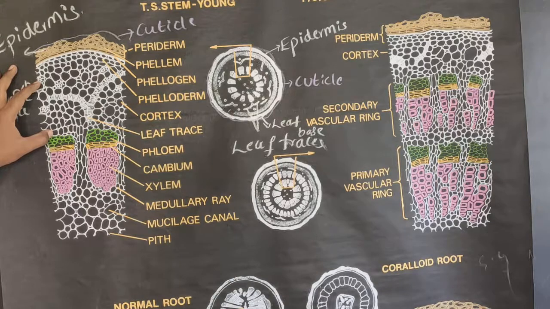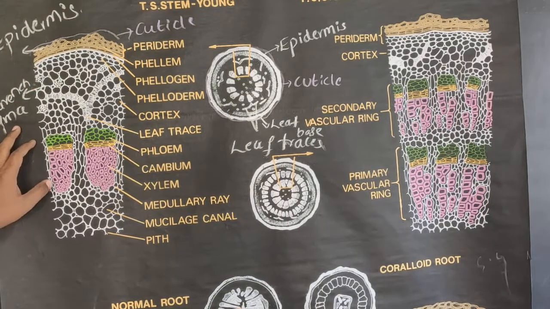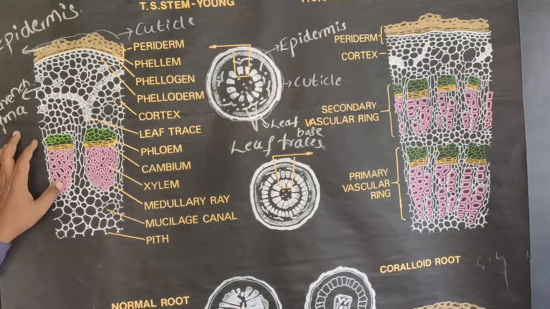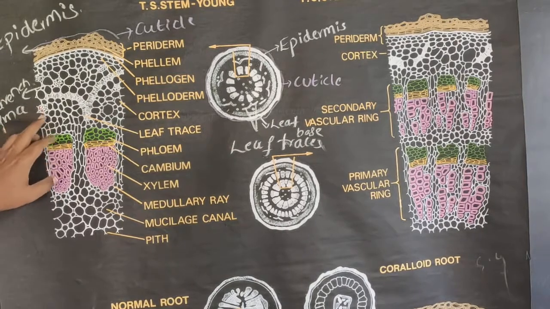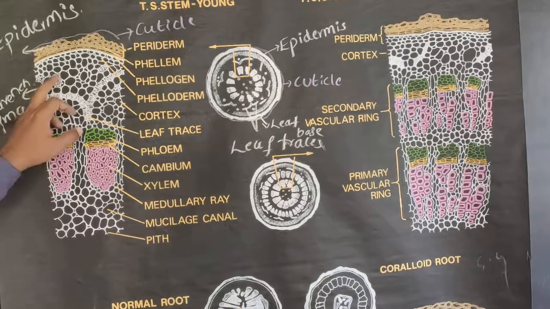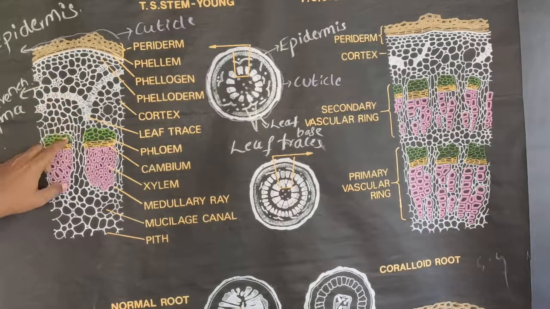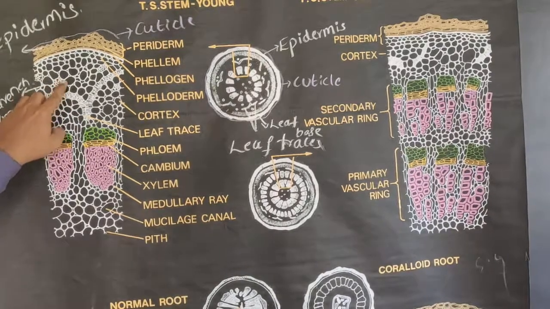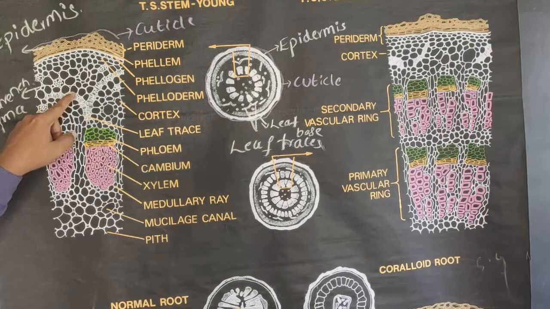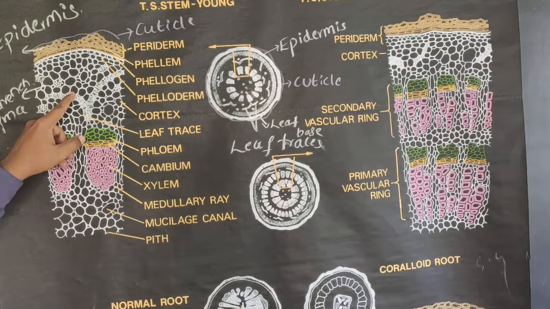The cortical cells also show the presence of some cells which store starch. Some of the cells in the cortex store starch grains, so they are known as storage cells.